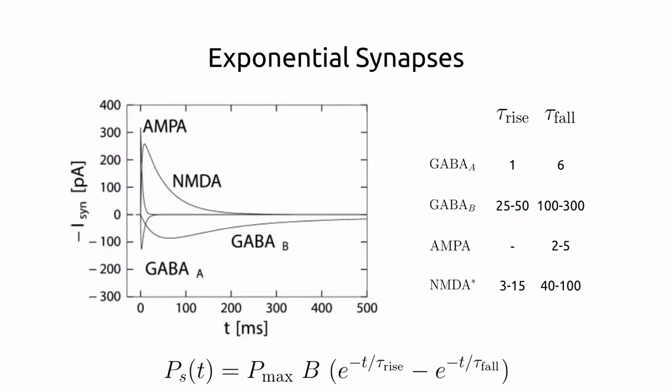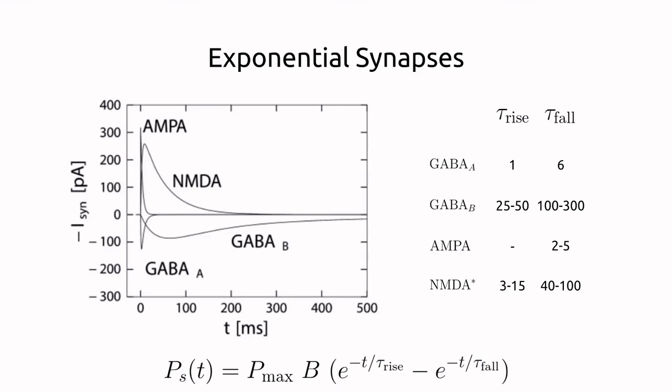We just add Pmax to the state variable, and then we let an exponential decay cause the P value to drop off and return back to the resting state. We can write the rate of change of the state variable, that is to say the time derivative, as equal to 1 over tau fall times the activation function at time t. That just lets us make this model a little bit simpler.